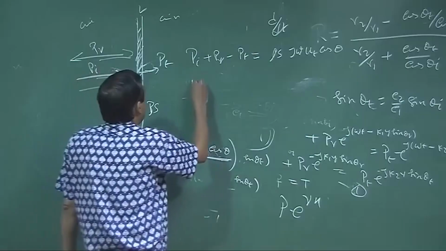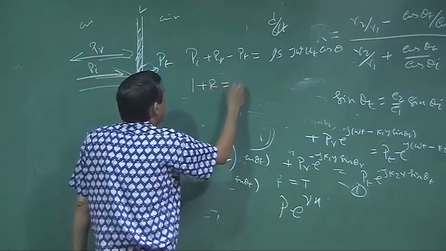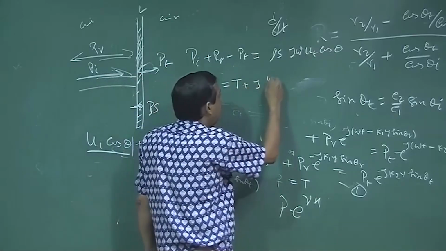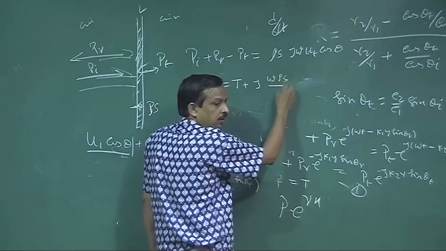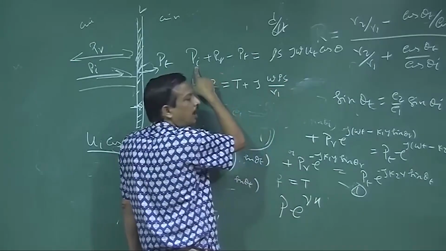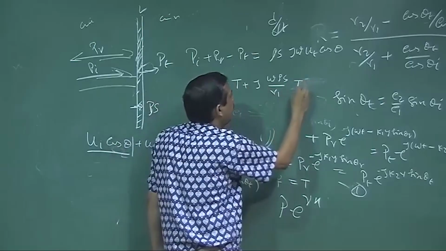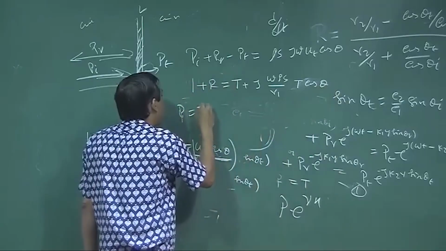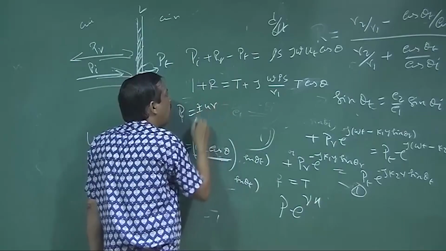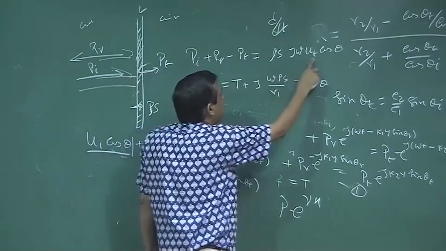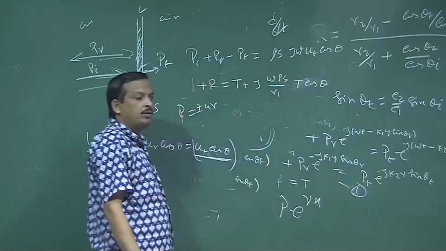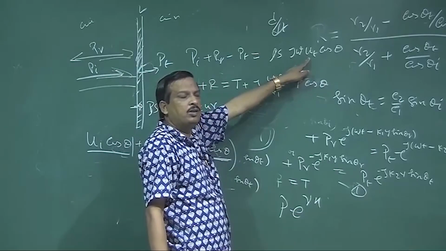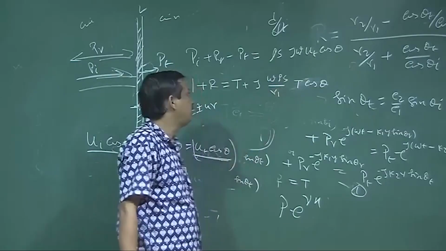Then I can say 1 plus R is equal to T, the transmission coefficient, plus j omega rho S divided by R1 times T cos theta. Why R1? Because p is equal to plus or minus u times R, so u can be converted to p.